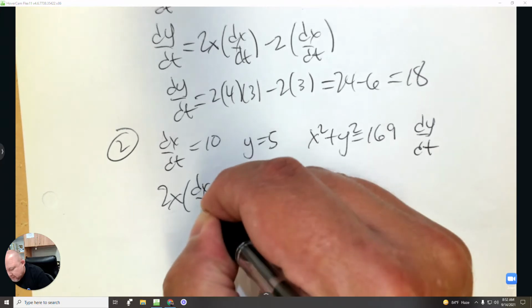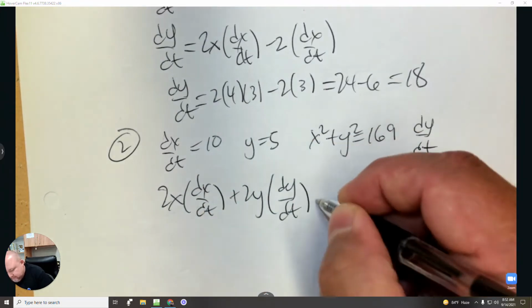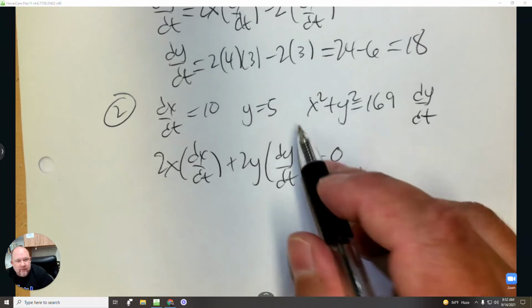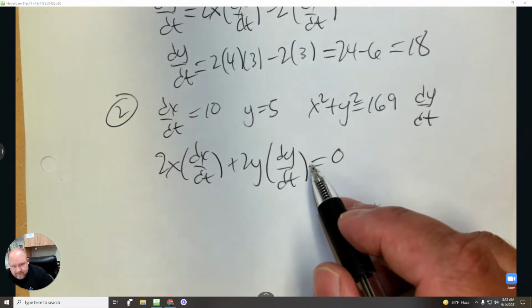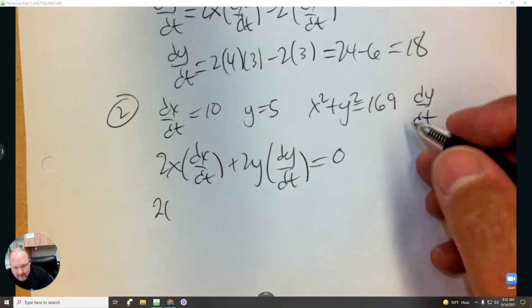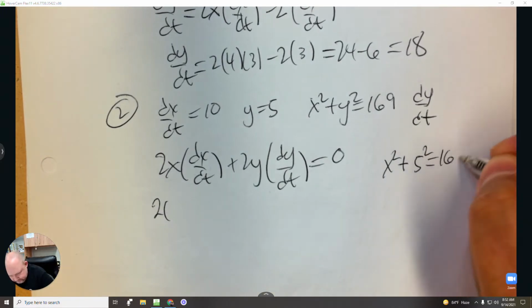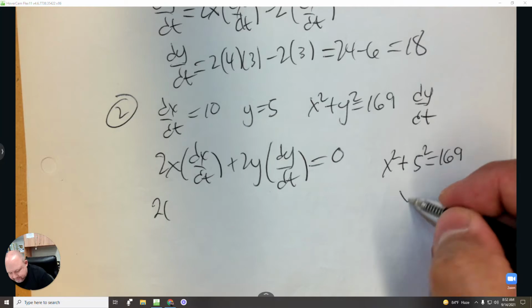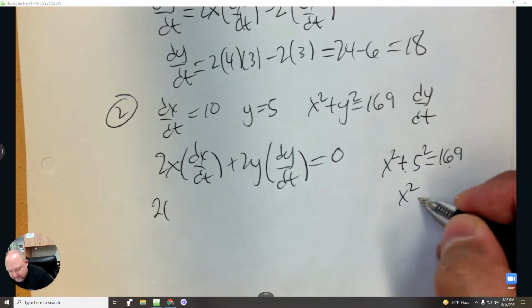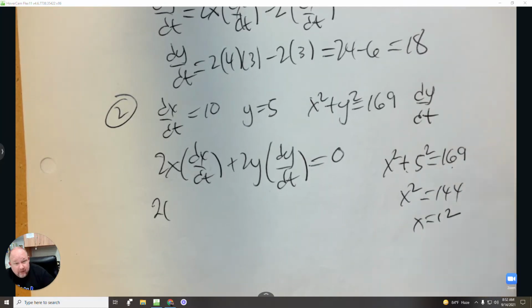So we're going to take the derivative. So there's the derivative with respect to time. I don't know what x is, but I can solve it. So we have x squared plus 5 squared equals 169. Subtract 25 and square root, and you can see that x equals 12.